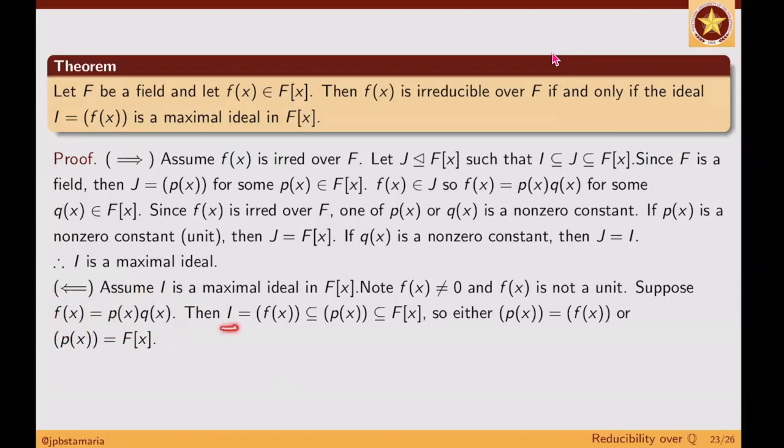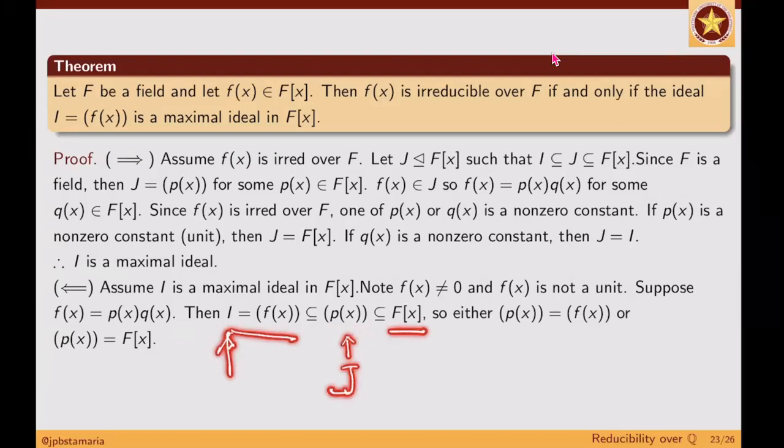Kaya yung I mo, containing all the multiples of f of x, should be contained in the set of all multiples of p of x. So this is another ideal that falls between this and this. Kaso anong klaseng ideal si I? Maximal.